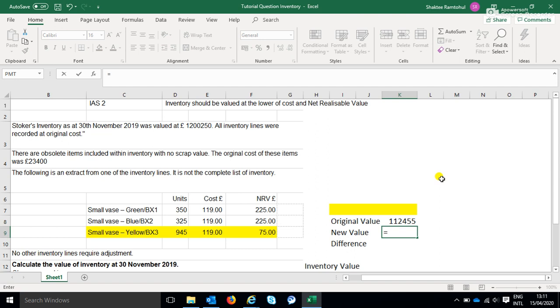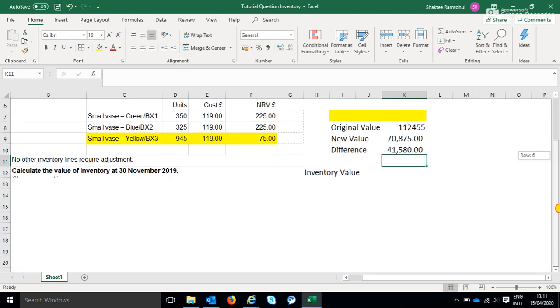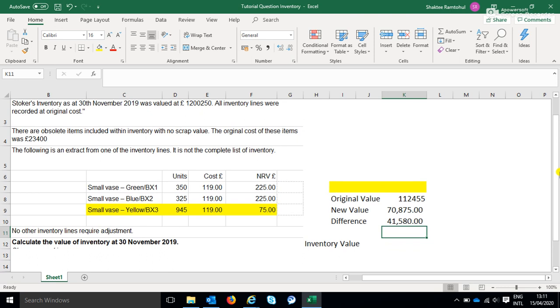So all of the 945 units need to be brought down to 70,875. The difference between these two values is how much we need to bring it down by: 41,580.